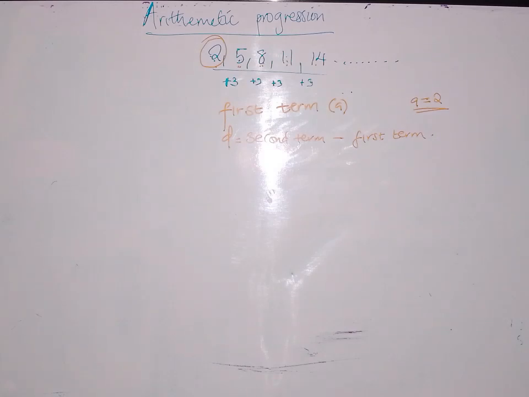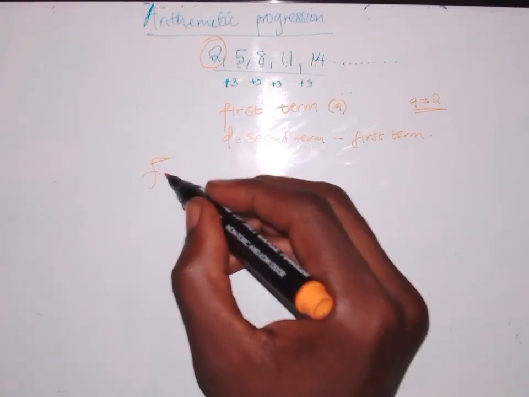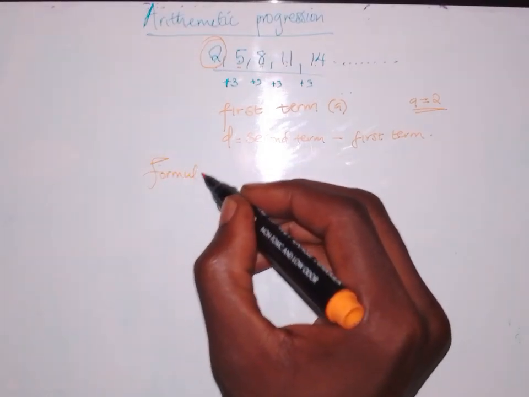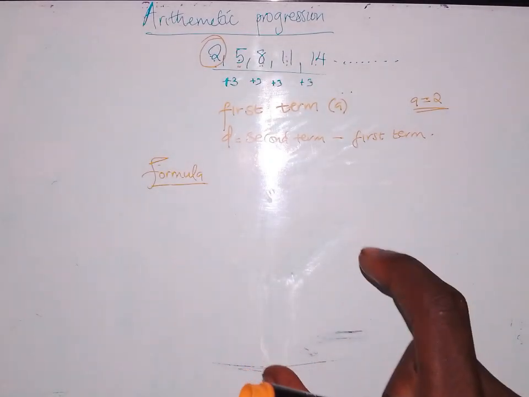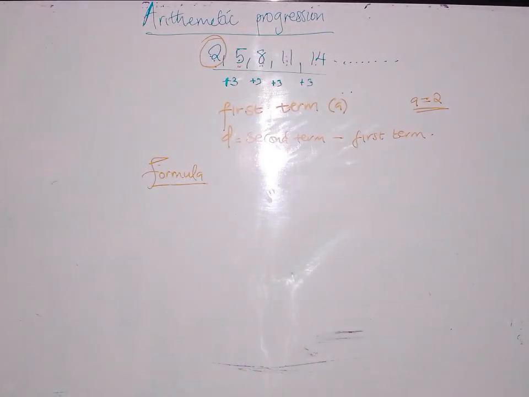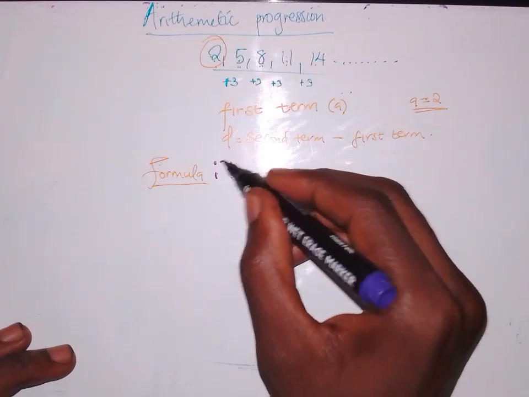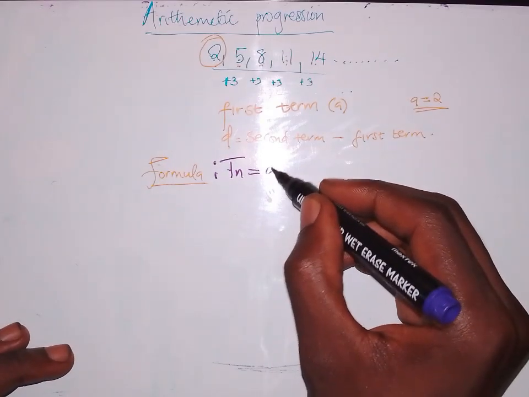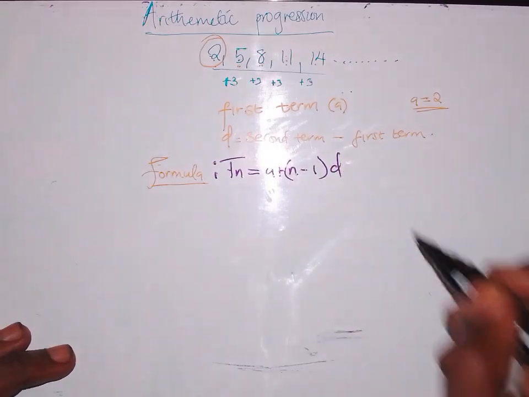So we have understood what the first term means. We have also understood what the common difference means. Now finally we have to look at the formula which we use to calculate the arithmetic progression. The formula is Tn equals a plus n minus 1 d.